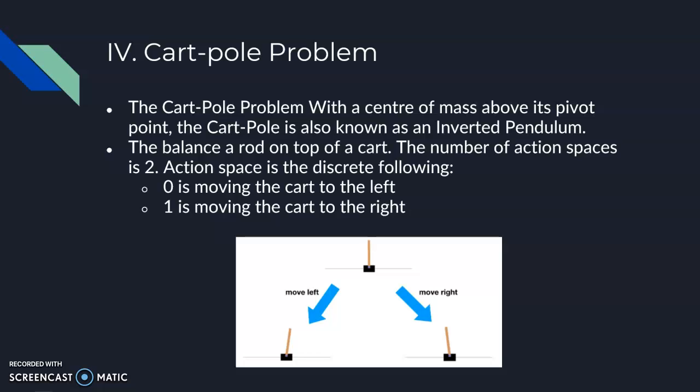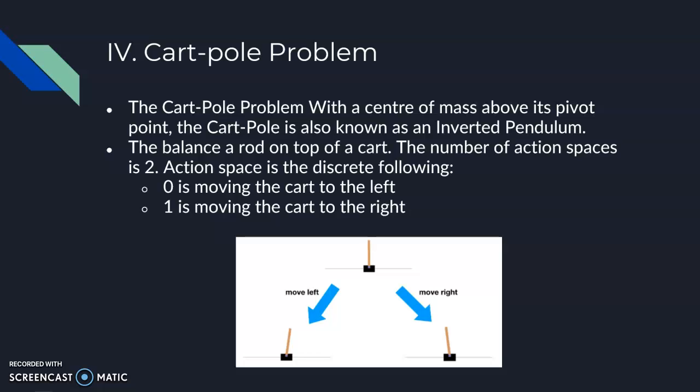The pole is joined to a cart that runs over a frictionless track via an un-actuated joint. A force of +1 or -1 is applied to the cart to regulate the mechanism. The idea is to keep the pendulum from falling over when it begins upright. At every time step that the pole remains erect, it receives a +1 reward.